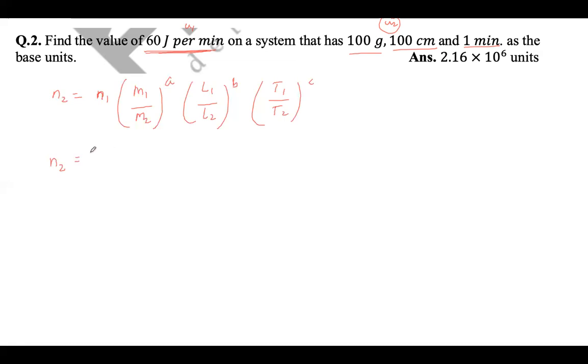N2 इज इक्वल टू, N1 का वैल्यू 60 दे रखा है, पहले वाले में ये जूल्स में है, मतलब केजी में होगा मास 1 kg, और यहाँ पे दूसरे वाले में 100 ग्राम्स हो गया, राइट। और जूल पर मिनट है, दैट मीन्स दिस इज फॉर पावर, जूल्स पर सेकेंड पावर का होता है यूनिट, राइट। तो जूल्स हो गया, दैट मीन्स एनर्जी। So energy is force into displacement, मतलब m1 l square t minus 2 divided by one more time.